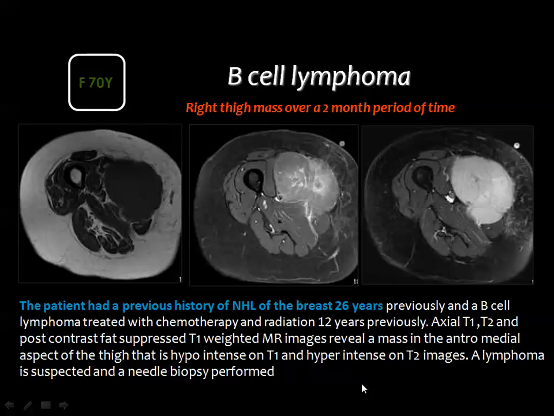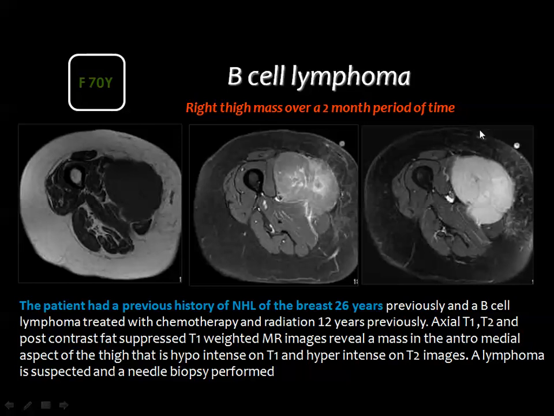And this is an example of a female 70 years old with a right thigh mass lasting for 2 months, and you see on MRI T1 a mass of the medial group of the muscles, and in the T1 post-contrast fat suppressed image, you see some enhancement, and this is the STIR image of bright signal of the lesion with stranding of the subcutaneous fat.